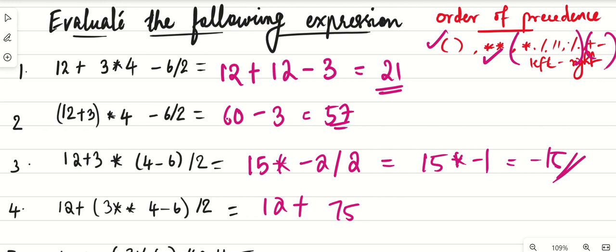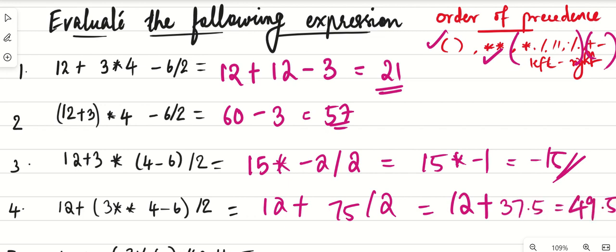Yeah, correct. 12 plus 75 by 2. So 75 by 2 is 37.5. So it will be 49.5.